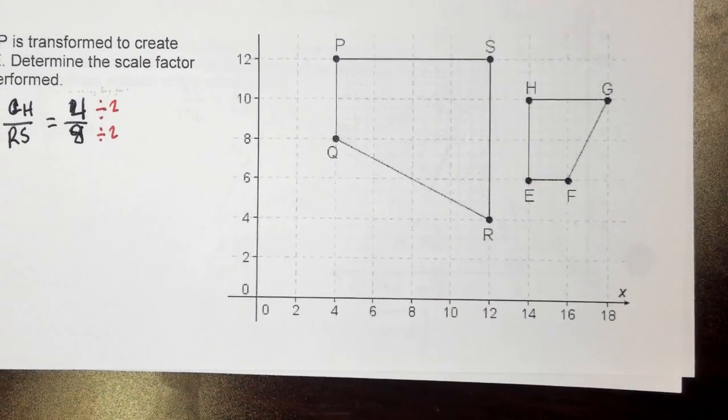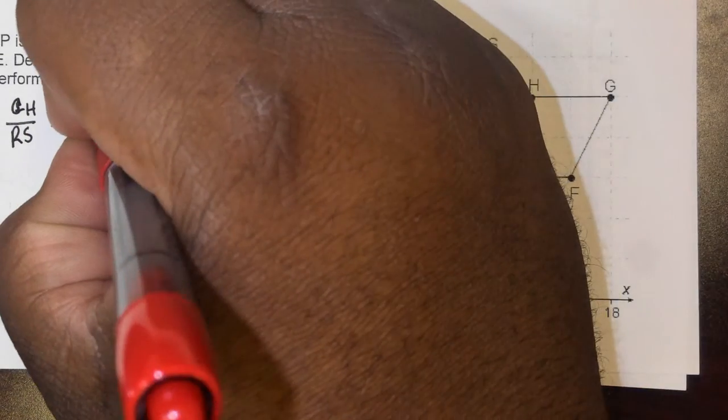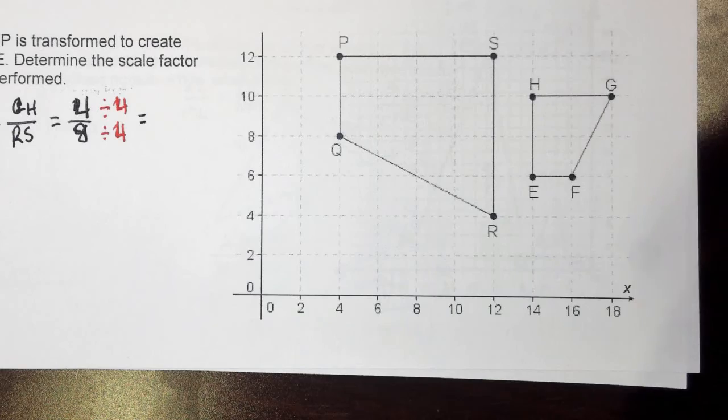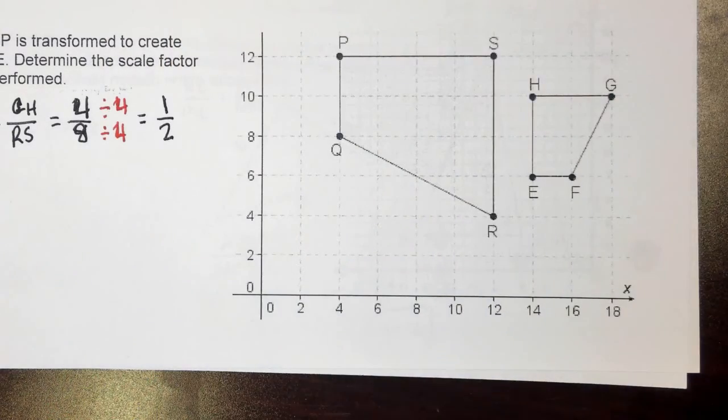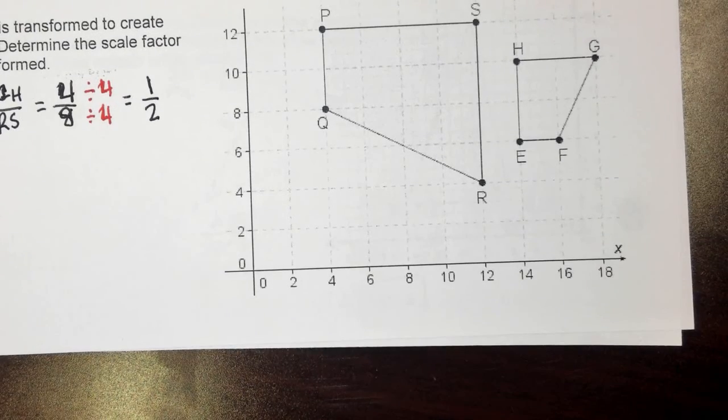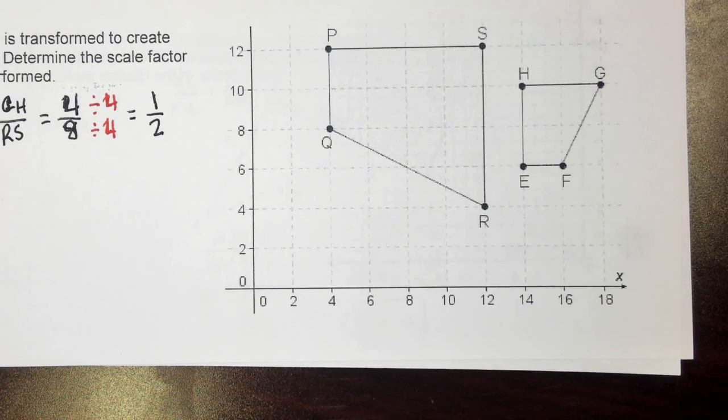So 4 over 8. So instead of dividing by 2, let's divide by 4. And it's going to reduce down to what? 1/2 still. Scale factor is going to be 1/2. Thank you for getting that for me. I didn't even pay attention to what it was counting by. On this one, it's lucky enough that it's going to come out to be 1/2, so it isn't really going to matter.